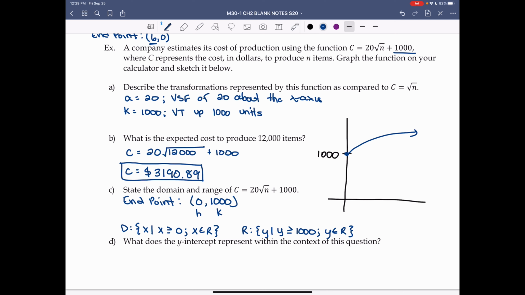What does the y-intercept represent within the context of this question? So thinking about the question, this is our n values, which is the number of items produced. And this is our C value, which is the cost to produce n items.